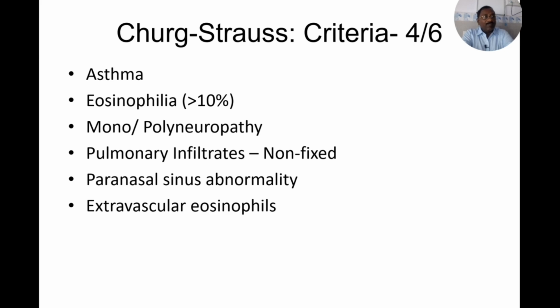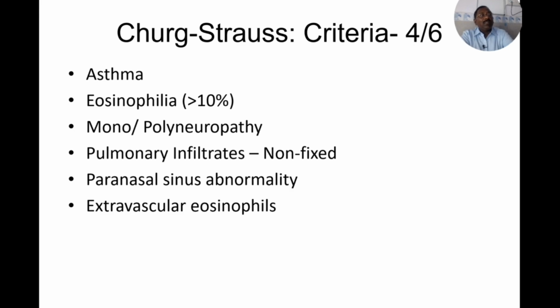So history of asthma or past history of asthma, or present asthmatics. Eosinophilia more than 10%. Neuropathies, either mononeuropathy multiplex or polyneuropathy. Pulmonary infiltrates, they are non-fixed. Paranasal sinus abnormality, so get an X-ray of the paranasal sinuses or CT paranasal sinuses, and extravascular eosinophils.